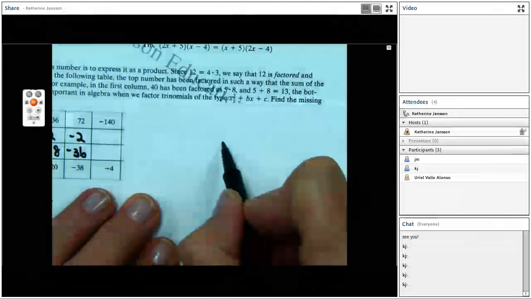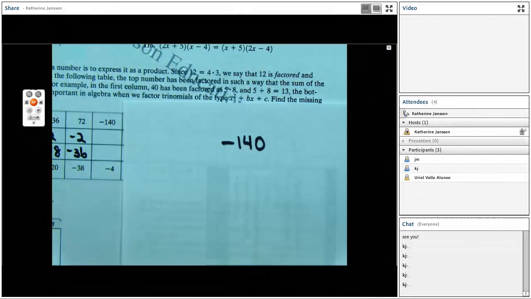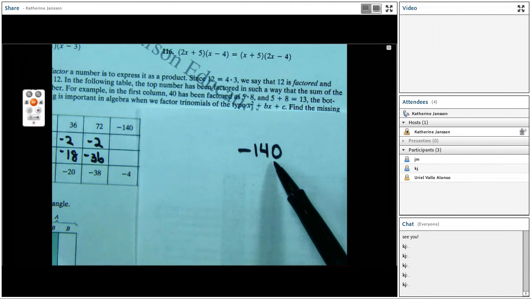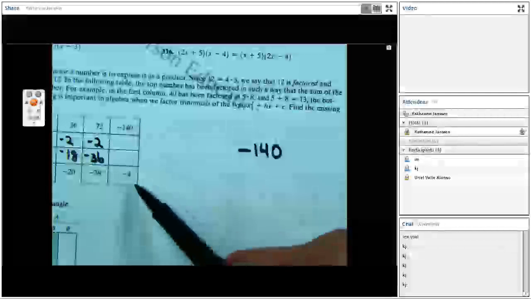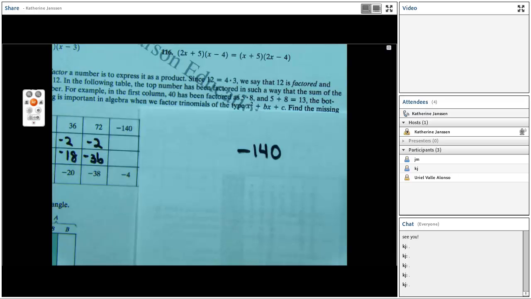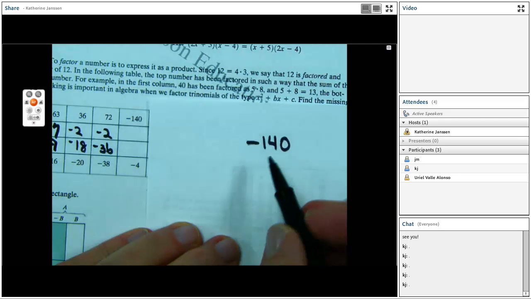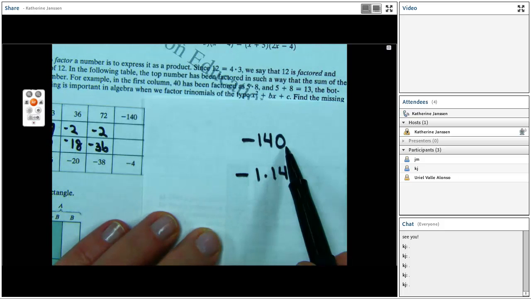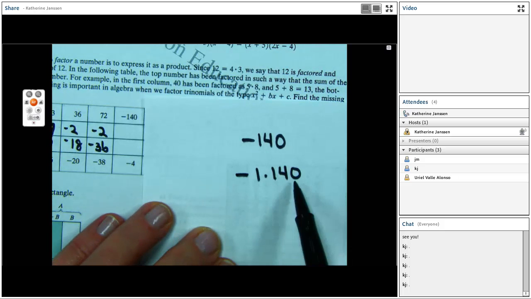Another one, negative 140. I'm supposed to find the product, negative 140, with factor pairs whose sum is negative 4. So I'm looking for factor pairs of negative 140 whose sum is negative 4. Well, a negative 1 times 140 would be a negative 140. If I add, I get 139.